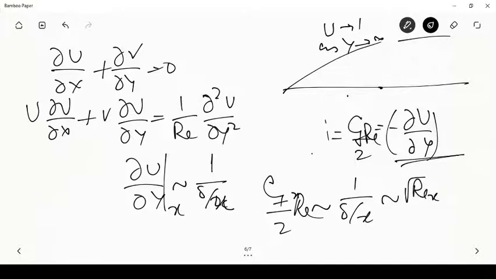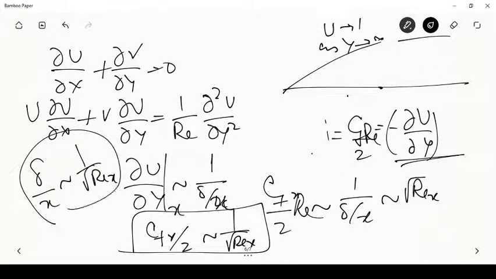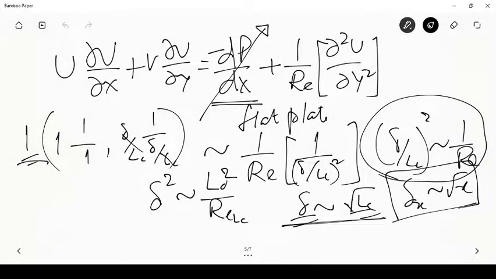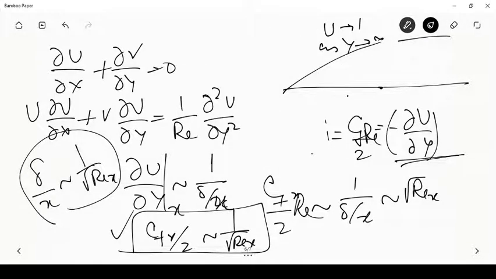This is what we have found. So then CFX by 2 is of the order of 1 over square root of Re. So there are two results that we have got now. One is that delta by x is of the order of 1 over square root of Rex. Okay, so this is one result that we have from here. And here we have got CFX by 2 is also proportional to 1 over square root of Rex.